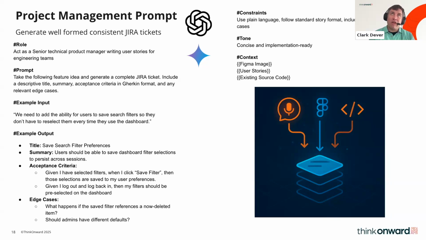One thing in this variant of the prompt, I say include only 2 to 3 edge cases. I actually tend to go the other way. I think one of the things that is important to realize about prompting at this point is generation is really cheap. So I'll say generate 10 edge cases and then I'll review them and delete down to 2 or 3 that I think actually matter, because a lot of them won't.